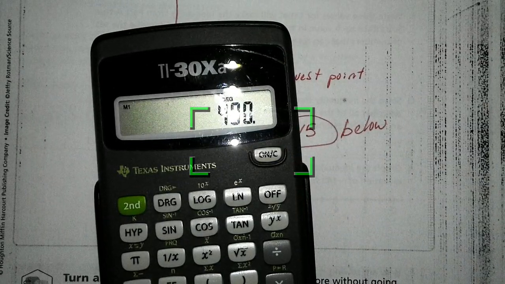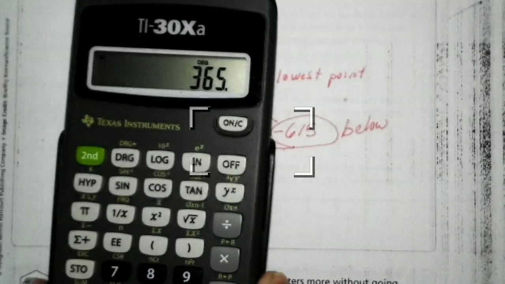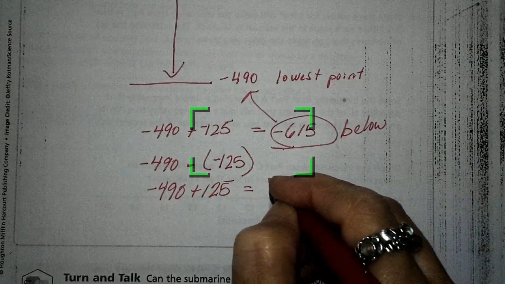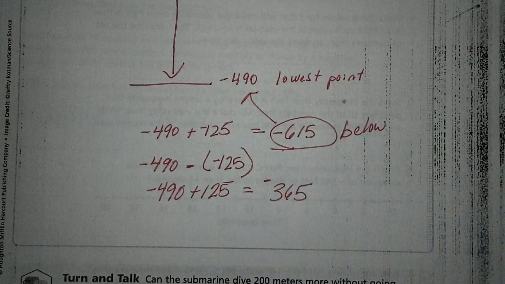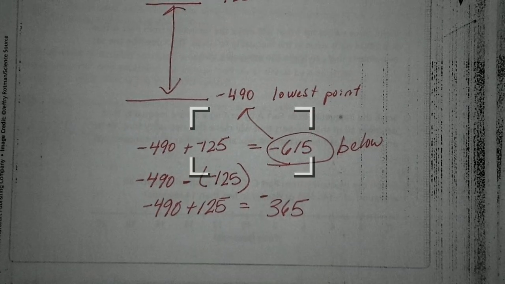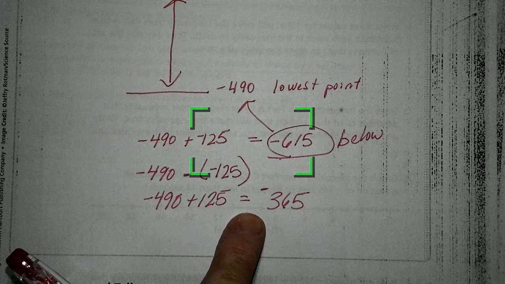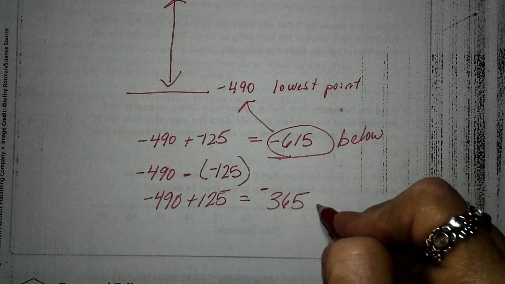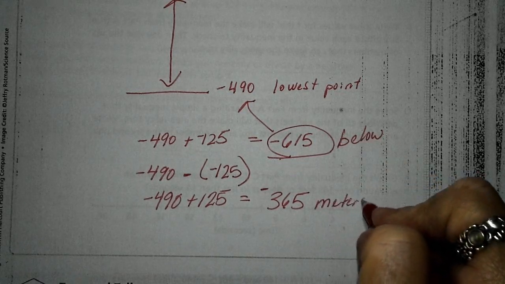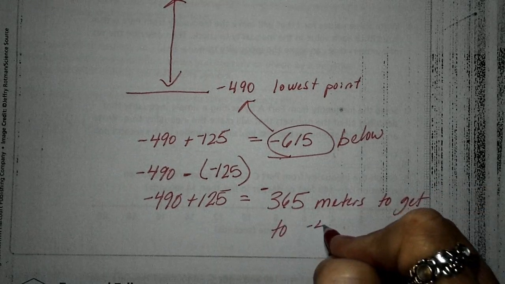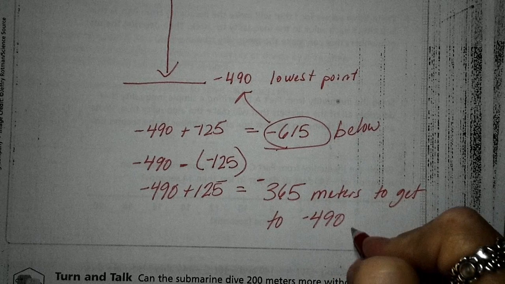So now we're going to do 490 minus 125, which is 365. And we know it's negative. So they have to go another negative 365 meters to get to negative 490 meters.